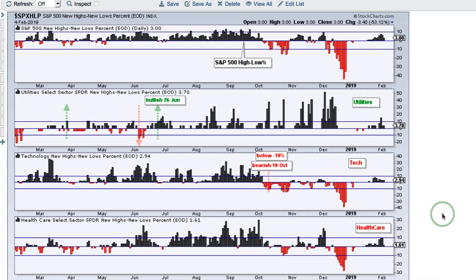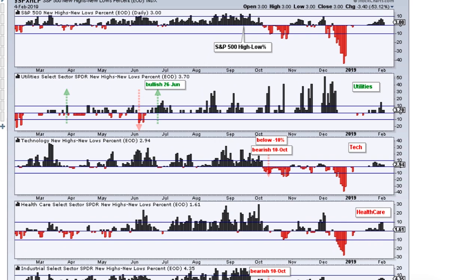But what I want to point out is that healthcare is showing some leadership with a number of new highs. If you look at this chart, you can see that high-low percent for the S&P 500 has not touched that 10% level.